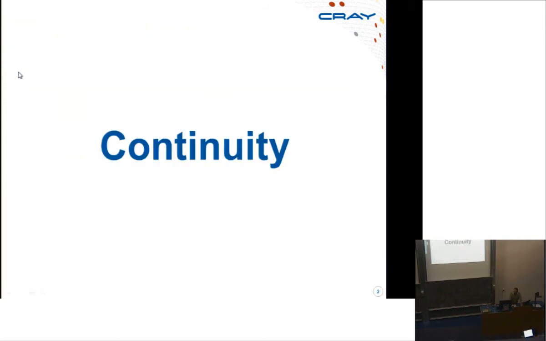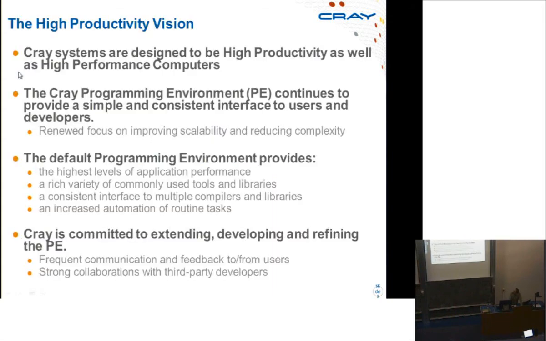All of the technology that I was talking about earlier is ultimately very much hidden in the background and should just lead to applications getting best performance. So Cray's vision for its supercomputers and its programming environment is that it should be a high productivity as well as a high performance computer.